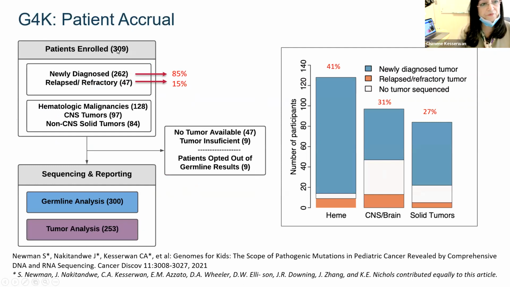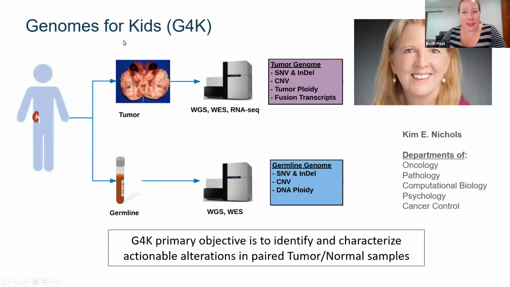So we have enrolled 309. I have a quick question for you, actually. If you go back to the previous slide, when you're measuring DNA ploidy in the germline, is that primarily to rule out contamination? Yeah, constitutional. Constitutional, but for the ploidy, like for hypodiploidy, we use the tumor sample. Got it.